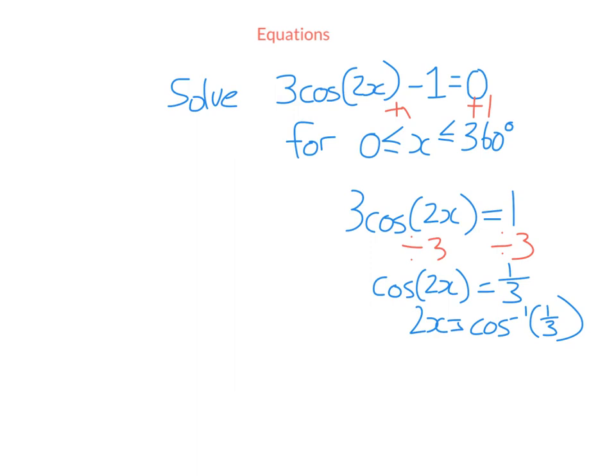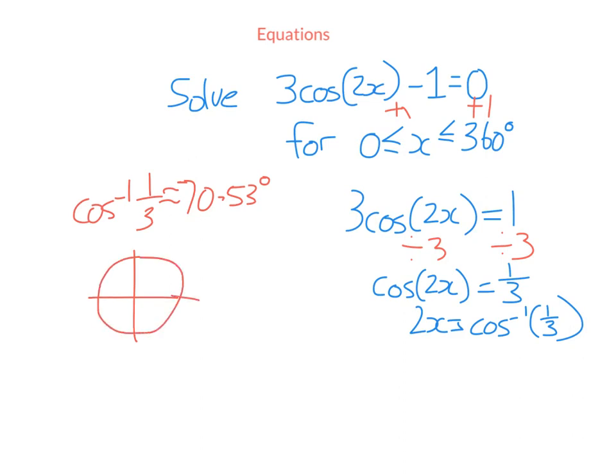So let's investigate this. If I put cos inverse of 1/3 in my calculator in degrees mode, I get one solution, about 70.53 degrees. So that's all well and good, but the unit circle shows us how to find the second solution. Remember the unit circle has radius 1.